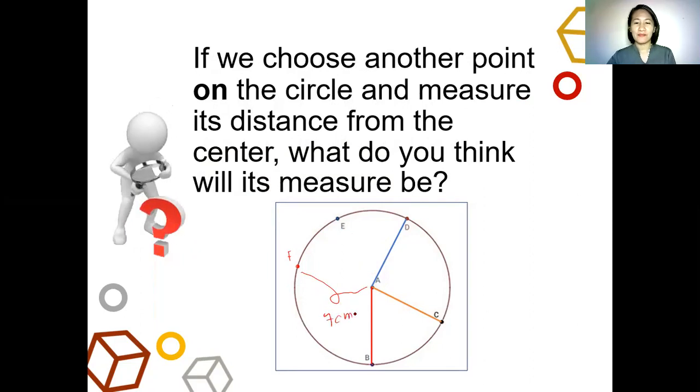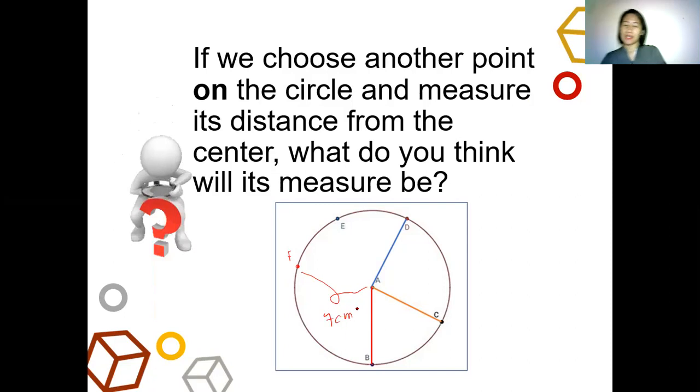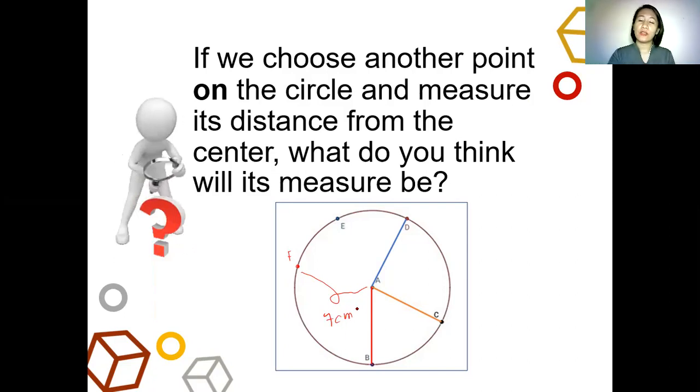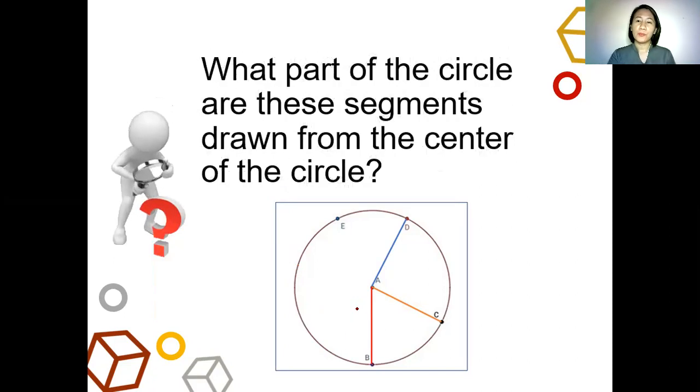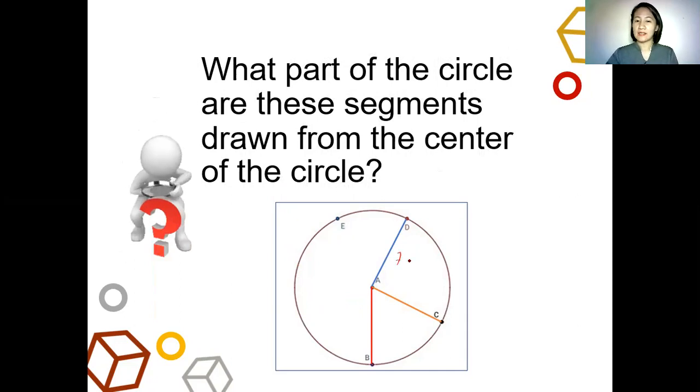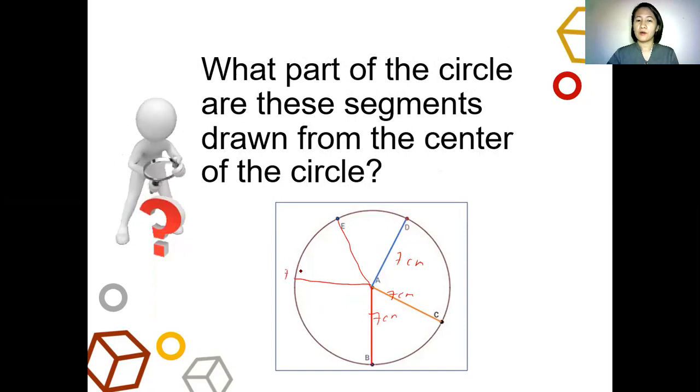This is 7 centimeters. Getting all those answers, what part of the circle are these segments drawn from the center of the circle? All the segments, 7 centimeters, 7 centimeters, 7 centimeters, and even the segments that we have drawn are all 7 centimeters.